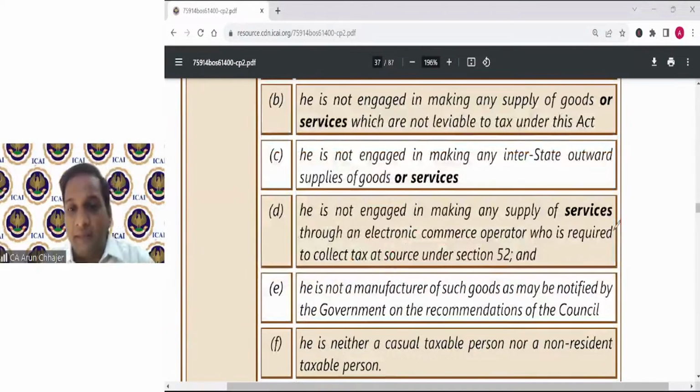He is not engaged in making any supply of services through ECO, who is required to collect the tax at source under section 52. So underline this. He is not engaged in making any supply of services through ECO who is required to collect the TCS under section 52.